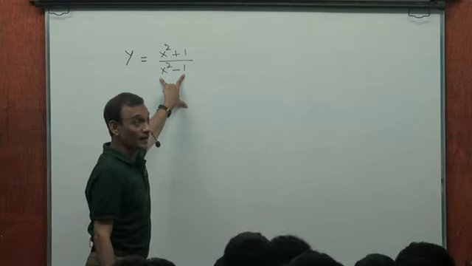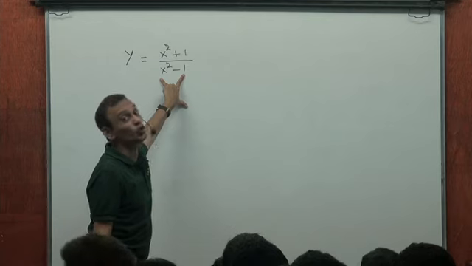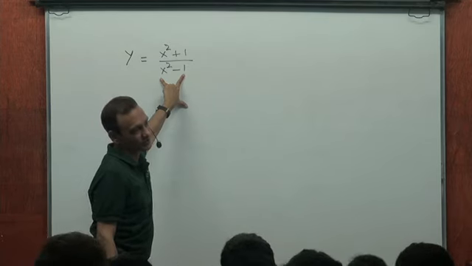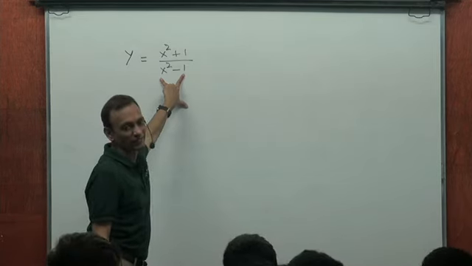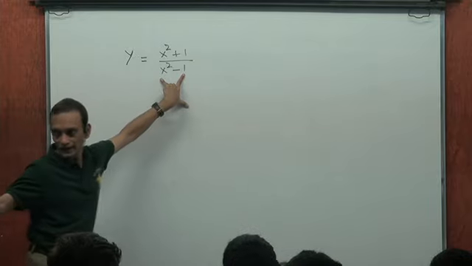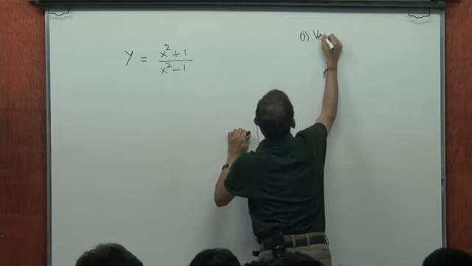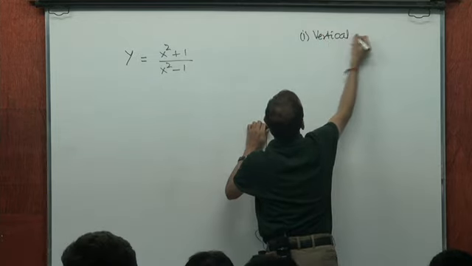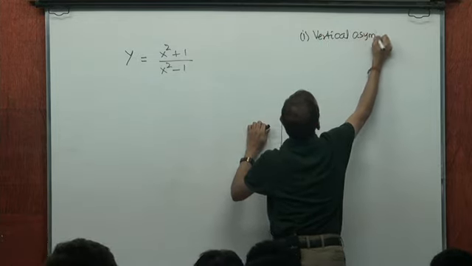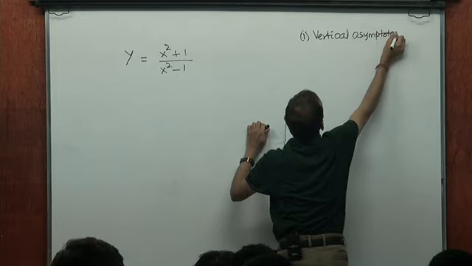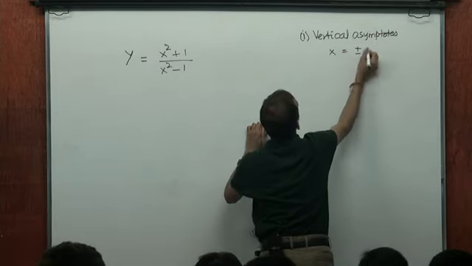So x equal to 1 and x equal to minus 1 are two vertical asymptotes. Yes or no? Because x plus 1 and x minus 1 are factors of the denominator, right now? So the vertical asymptotes are x equal to plus minus 1.